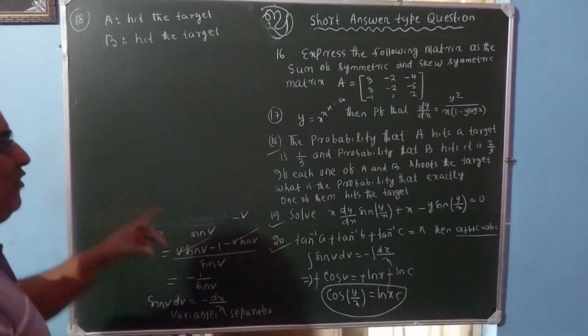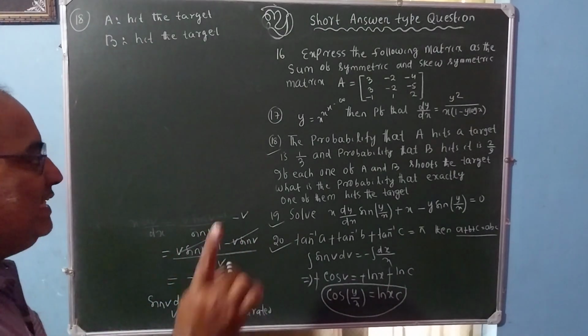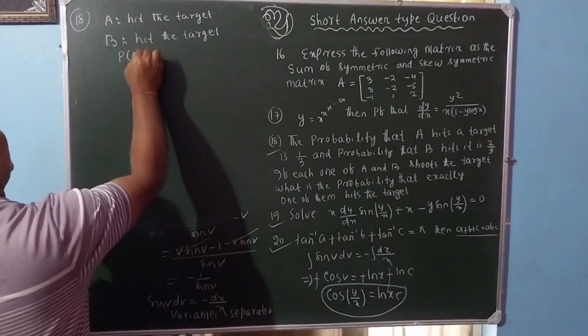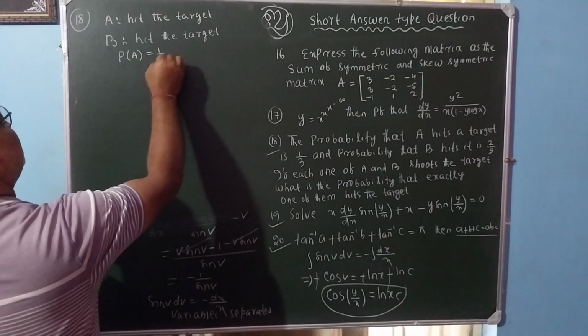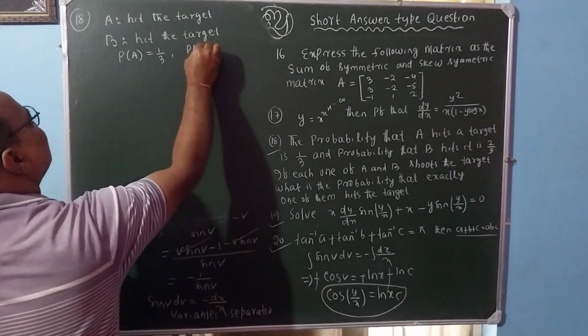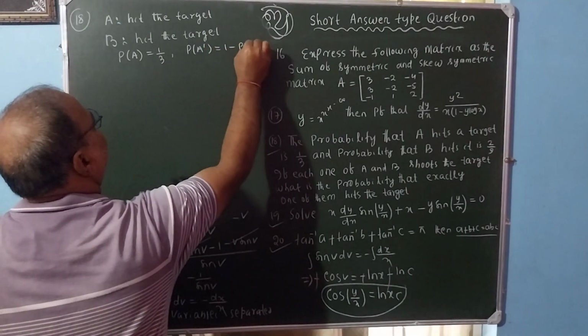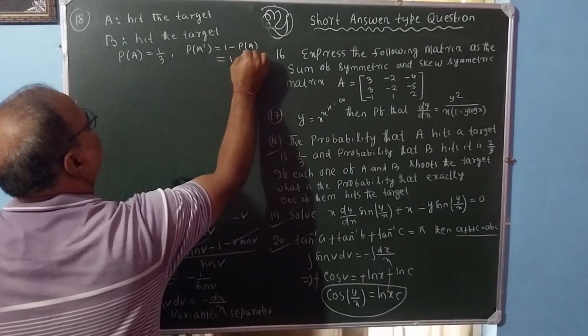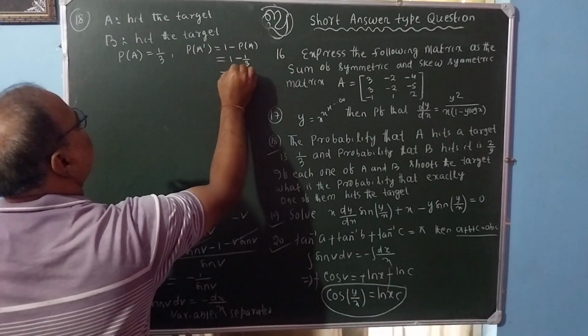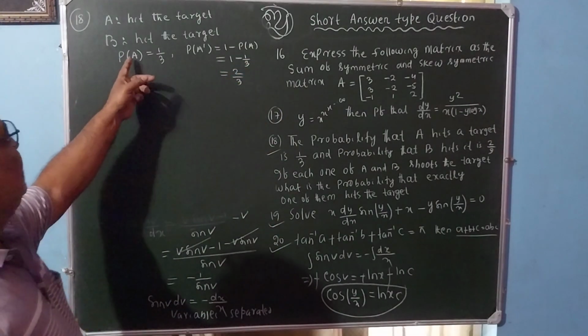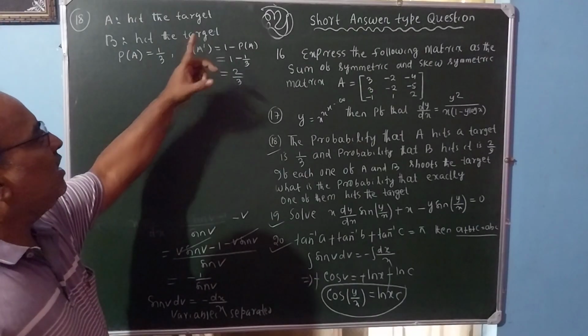The chance of hitting the target by A is 1 by 3. That means probability of A is 1 by 3. So probability of A dash is 1 minus probability of A, 1 minus 1 by 3, that is 2 by 3. It means A does not hit the target.